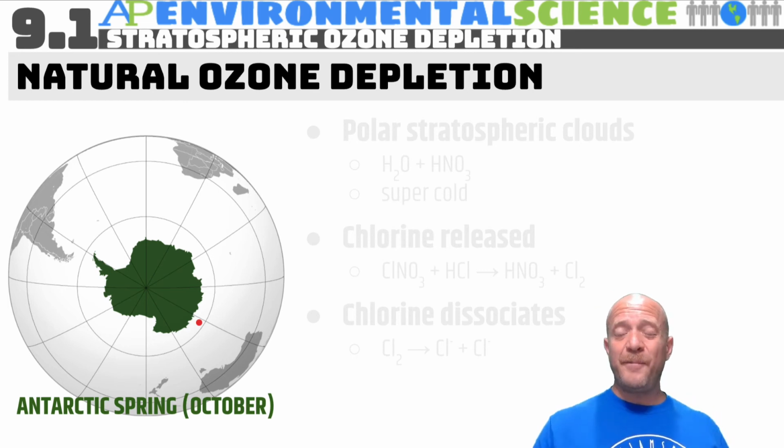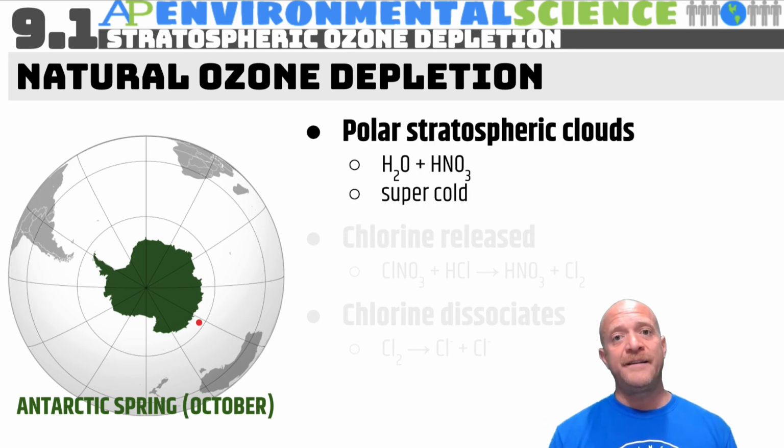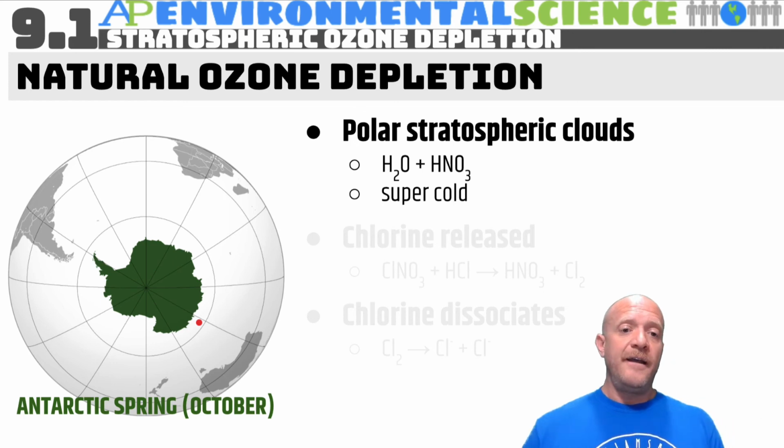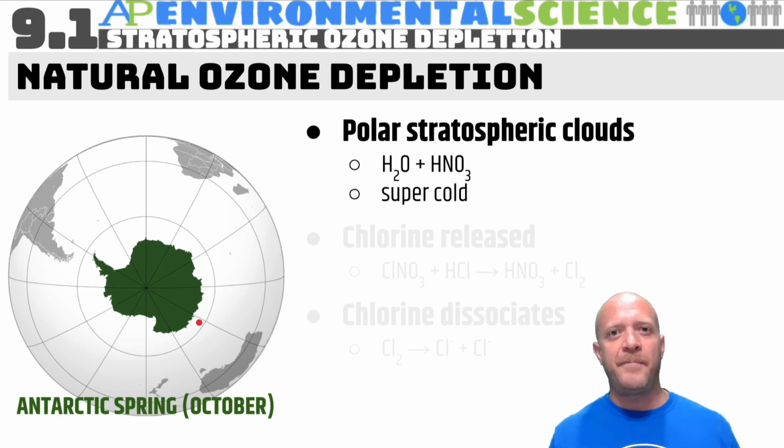So a couple of things: you don't have to know too much about the chemistry here, but a lot about the science. What you should know is that there are clouds, polar stratospheric clouds. Way back in the earlier part of the year, we were talking about how all of the weather occurs in the troposphere.